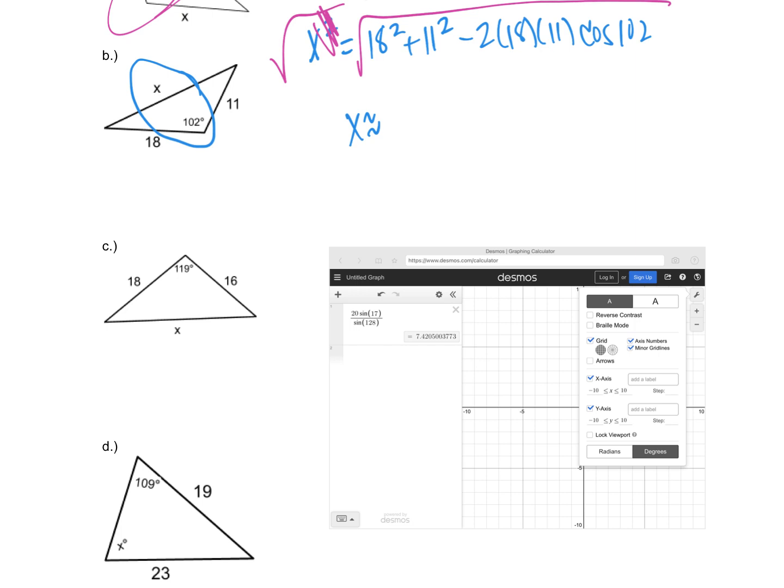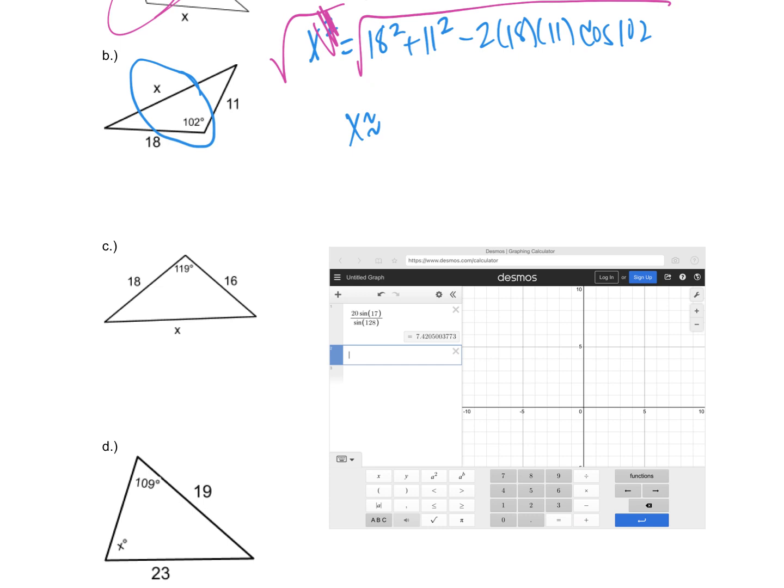So in my calculator, I'm going to type all that out. Square root of 18 squared plus 11 squared minus 2 times 18 times 11, and then the cosine of 102.